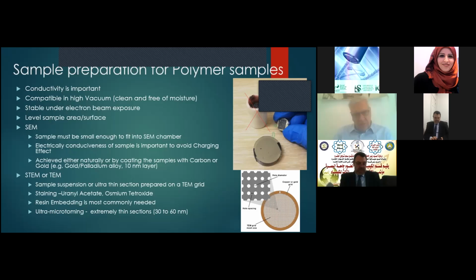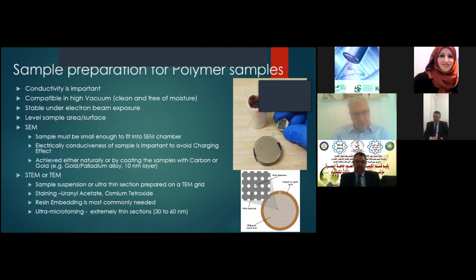We usually use uranyl acetate or osmium tetroxide, but there are so many stains available that you can adjust this according to your sample and your needs. Then we have resin embedding, which, like I've mentioned, is also an option if you have unstable powders or some sort of sample that doesn't cooperate with the SEM chamber. We can make a resin embedding mount and polish it and ensure that it gives you the best data.